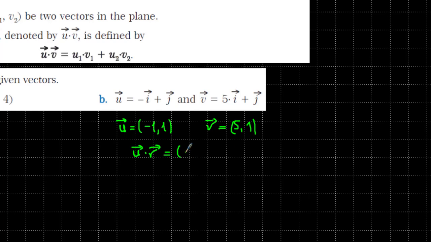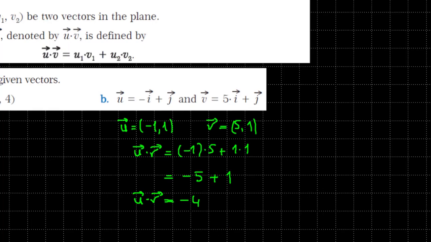So minus 1 times 5 plus 1 times 1, which is minus 5 plus 1. So the answer is minus 4, u dot v is equal to minus 4. So results can also be negative.